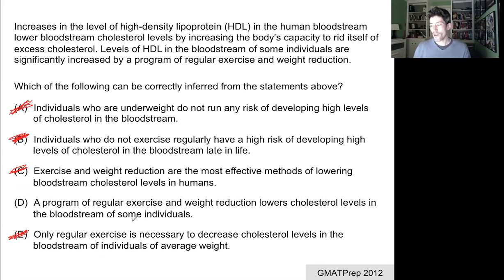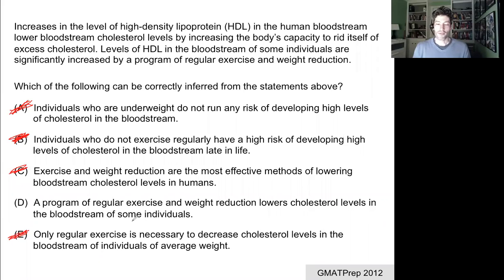So though inferences in verbal can be shown to be mathematically sound or axiomatic, that doesn't mean you always want to approach these problems the same way you approach inferences in quant. And in fact, I would say generally you don't want to do that, right?